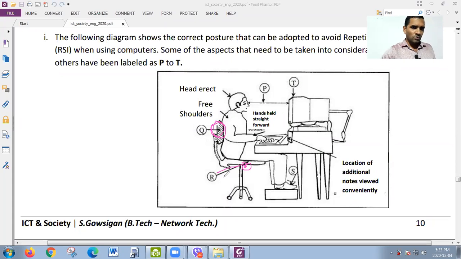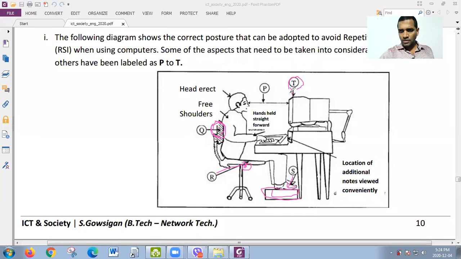Even if you write height adjusting facility or something, you will be awarded marks. That is R. Then S. It's very simple. It is keeping the feet on a footstool or footrest. This is the footrest or footstool. Then finally T.